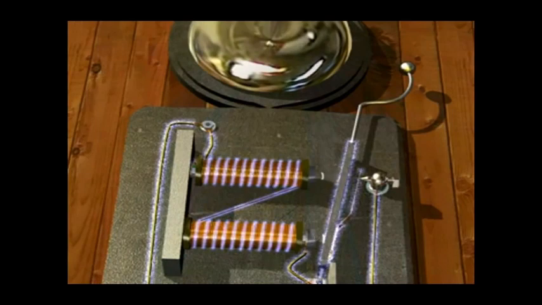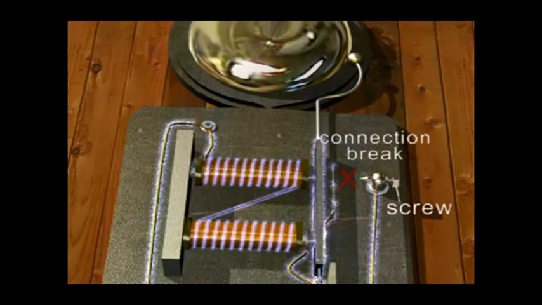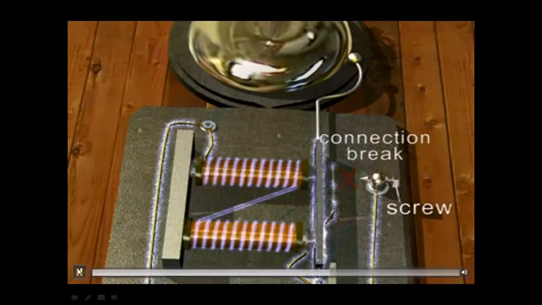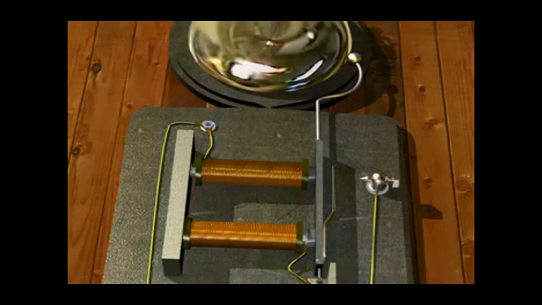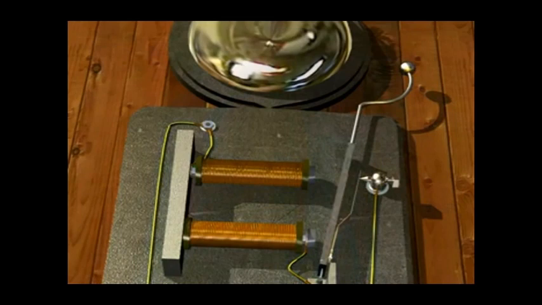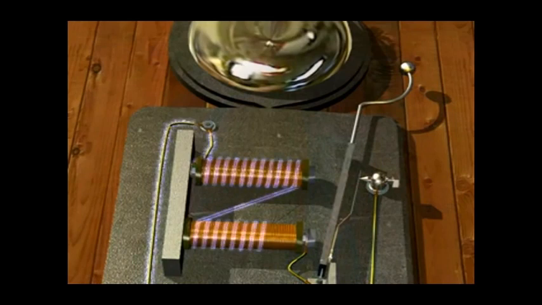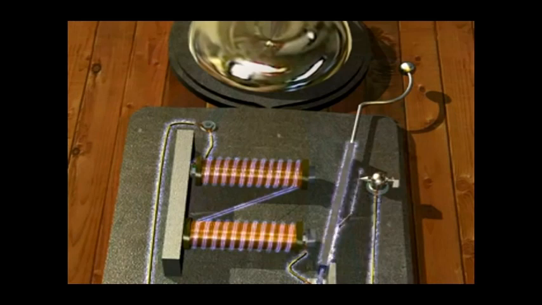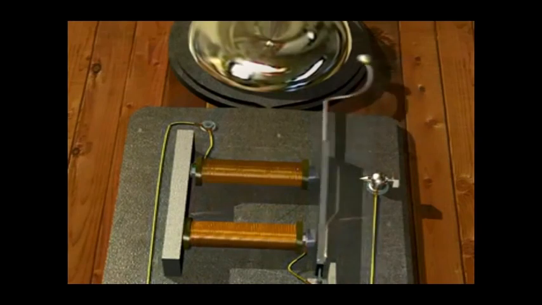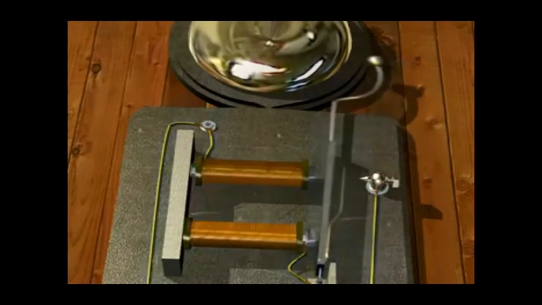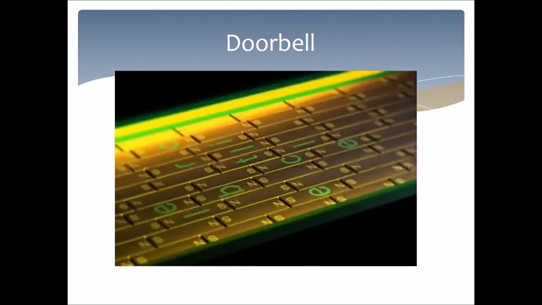At this stage, the connection between the screw and the hammer is broken and the electric current stops. The magnetism of the coil is lost and the hammer goes back to its original position. The electrical circuit is completed by joining of the screw and the hammer, and the bell rings. The process is repeated and the bell rings intermittently. So this is how an electromagnet is used in a doorbell.